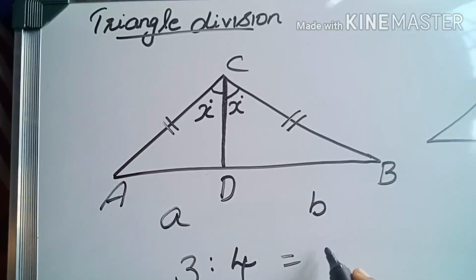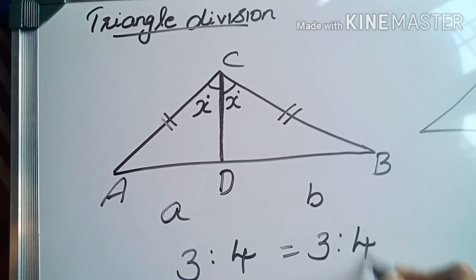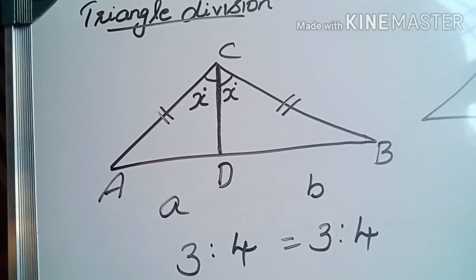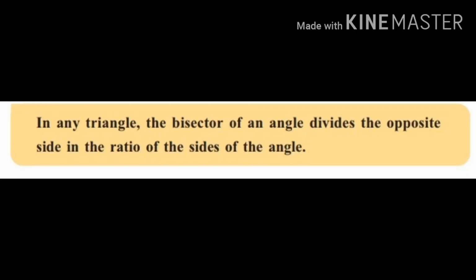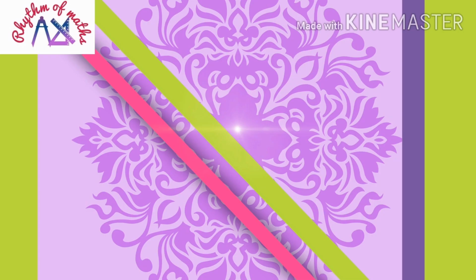These two sides ratio will be 3 is to 4. It will be same. Okay, this is the second concept. In any triangle, the bisector of an angle divides the opposite side in the ratio of the sides of the angle. Okay, now let's move on to problems.